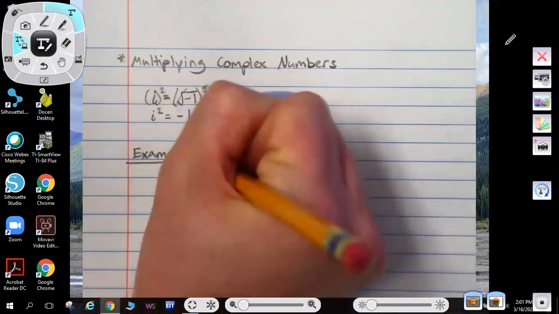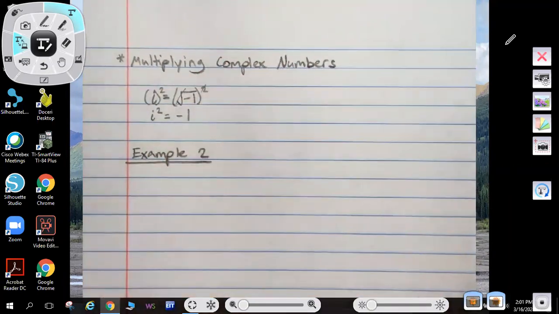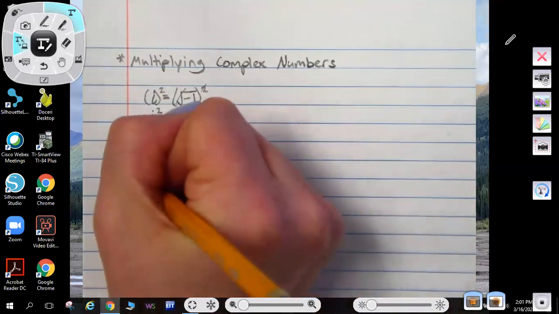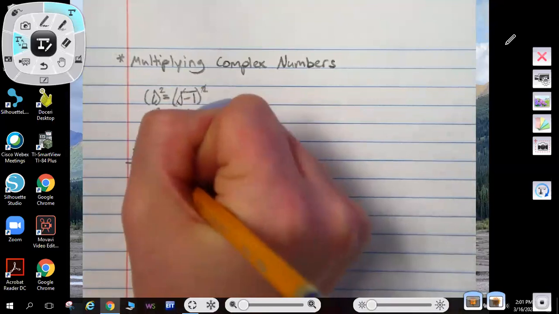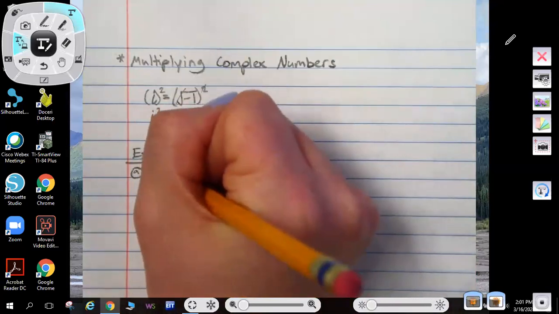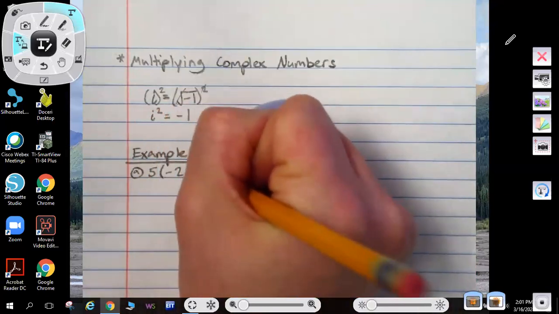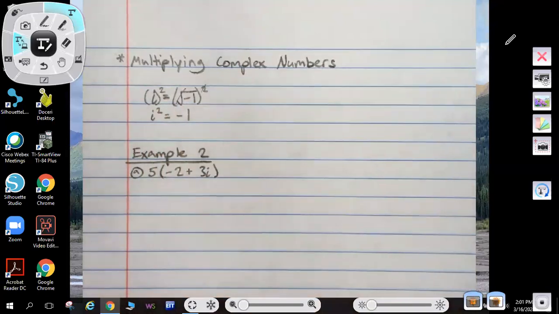So this will be example 2. Part A, we have 5 times negative 2 plus 3i.